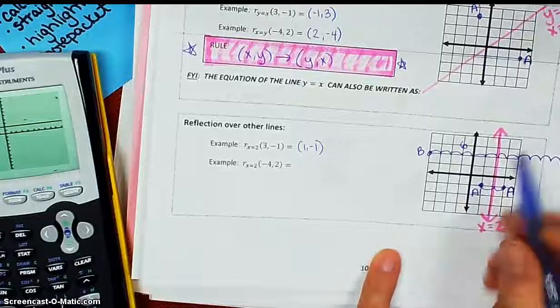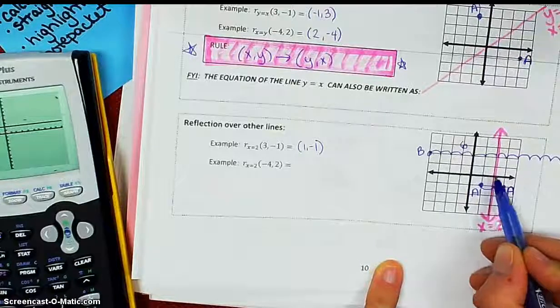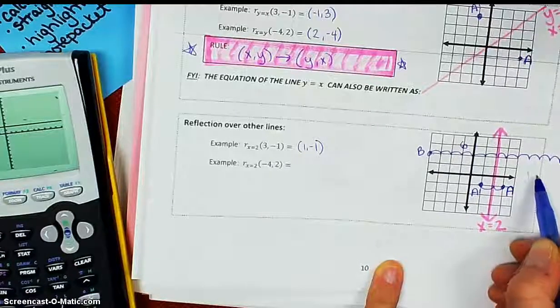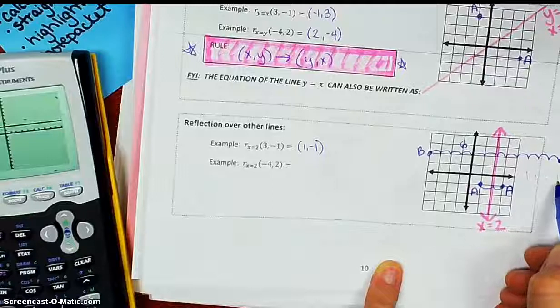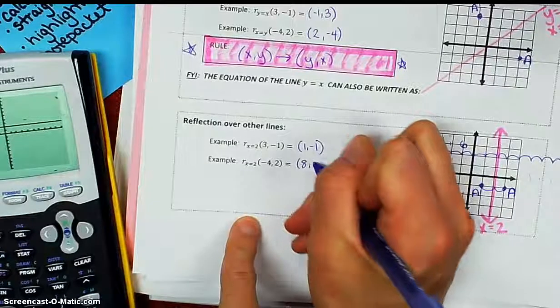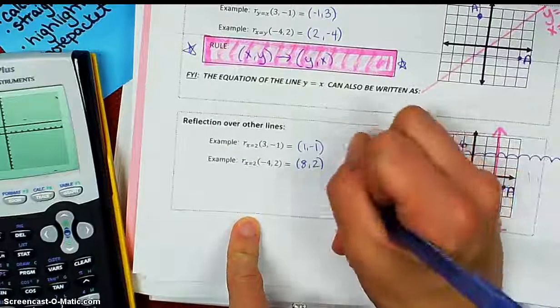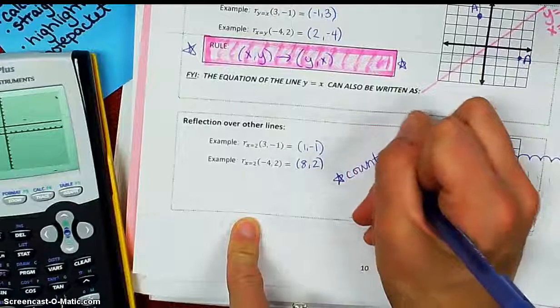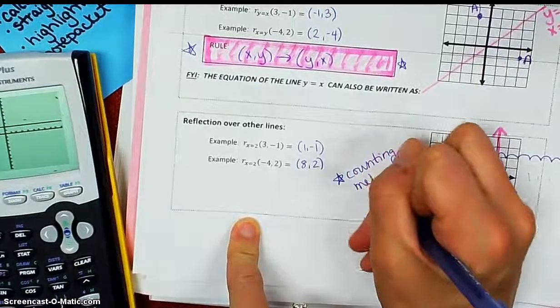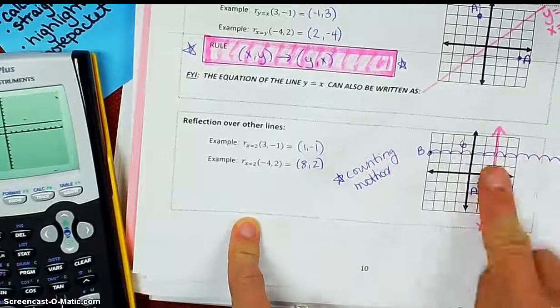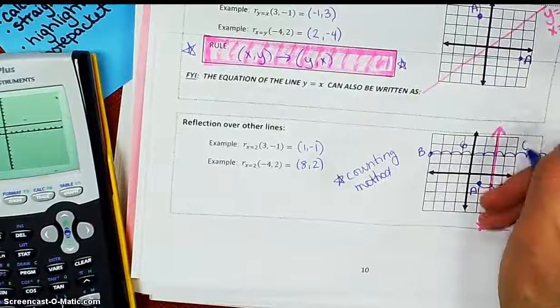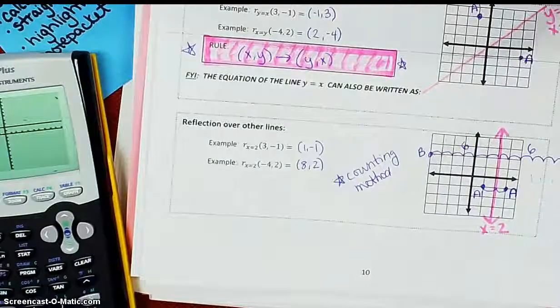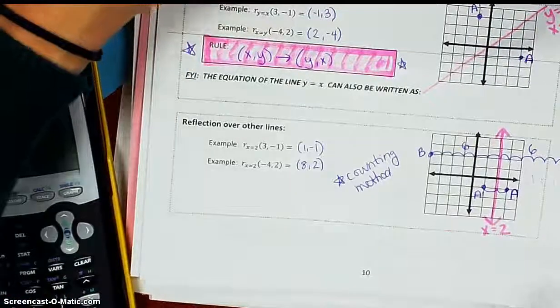So let's see, how far over are we? We're 1, 2, 3, 4, 5, 6, 7, 8. So we're 8, comma 2. So for this one, you're always just going to use the counting method. So you're just going to count how far away you are, and you're going to put the equivalent distance on the other side.